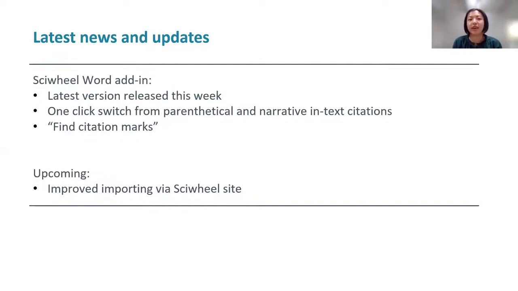This was part of the latest version of the add-in that we released this week. If you already had the add-in installed, you should be prompted by Word to update. If not, you can go via the store again and get the add-in again. If you have any trouble, reach out to us.